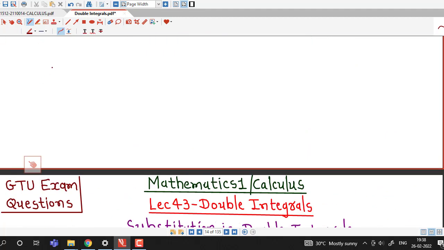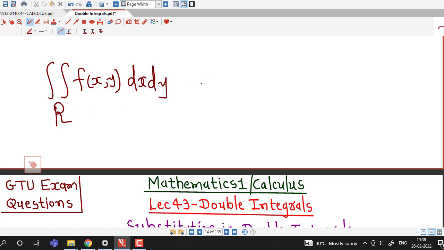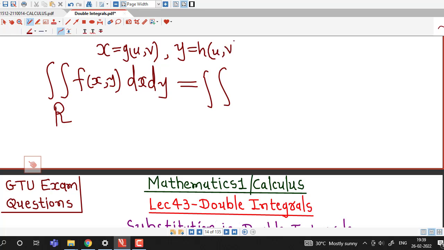You just have to remember this formula, that suppose our double integral is in terms of x and y in the xy plane over region R, then after applying the transformation, x is some function of uv, y is some other function of uv, we will obtain the double integral in the uv plane by using x equal to g of uv, y equal to h of uv.